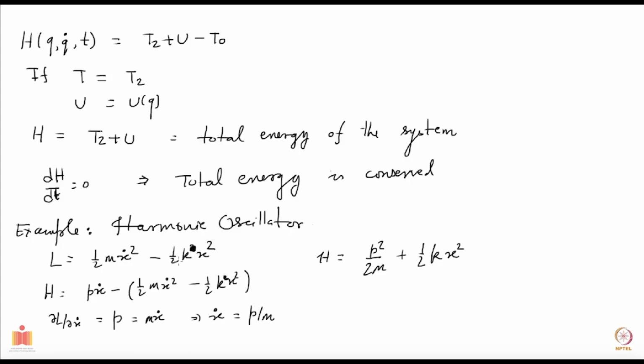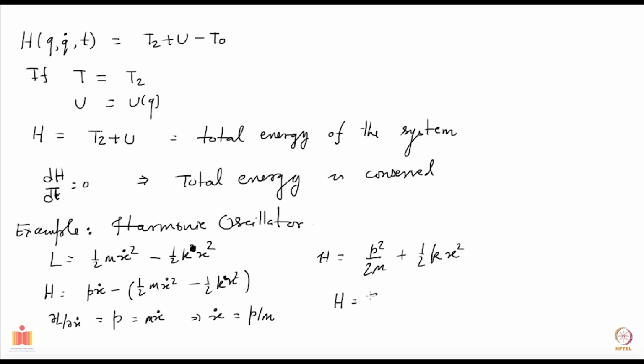And because this Lagrangian does not depend explicitly on time, remember the coordinates depend on t, but that time dependence is implicit through the coordinates, there is no explicit time dependence in here. So the partial derivative of H with respect to t is vanishing, which implies that the total derivative will also vanish with time. Which is just that the total energy is conserved, which you already know for a harmonic oscillator, which means that your H will be a constant.